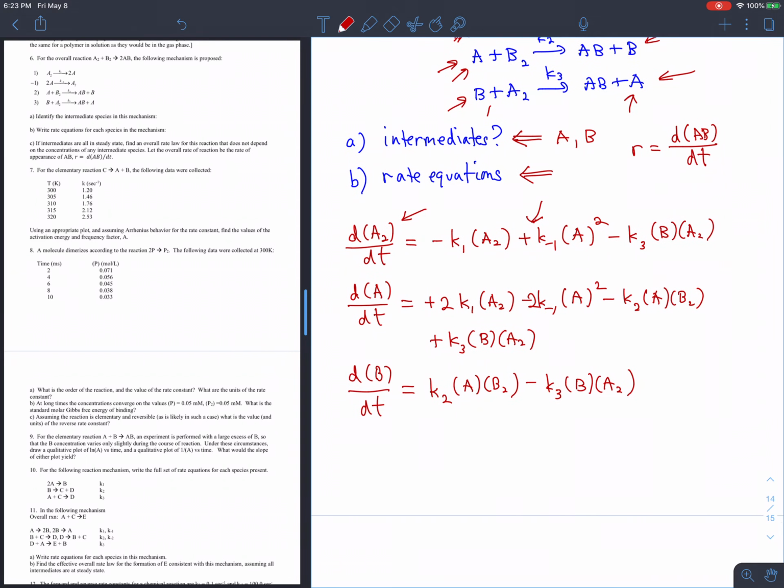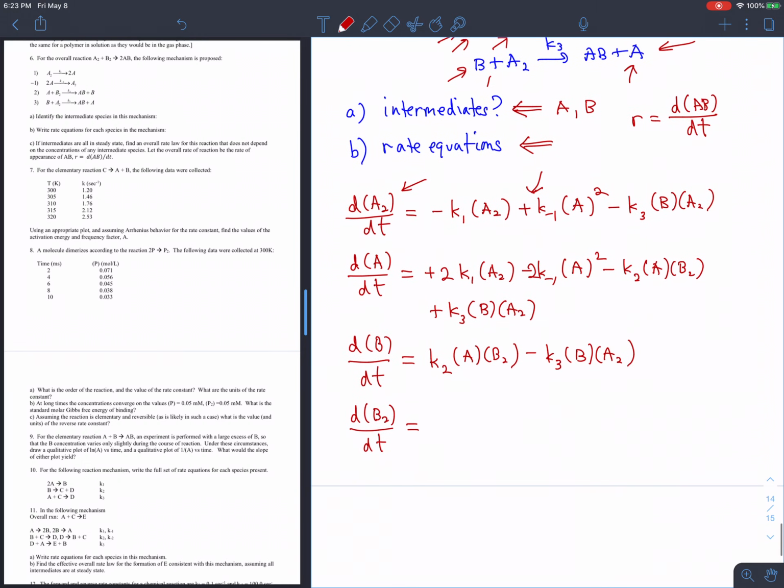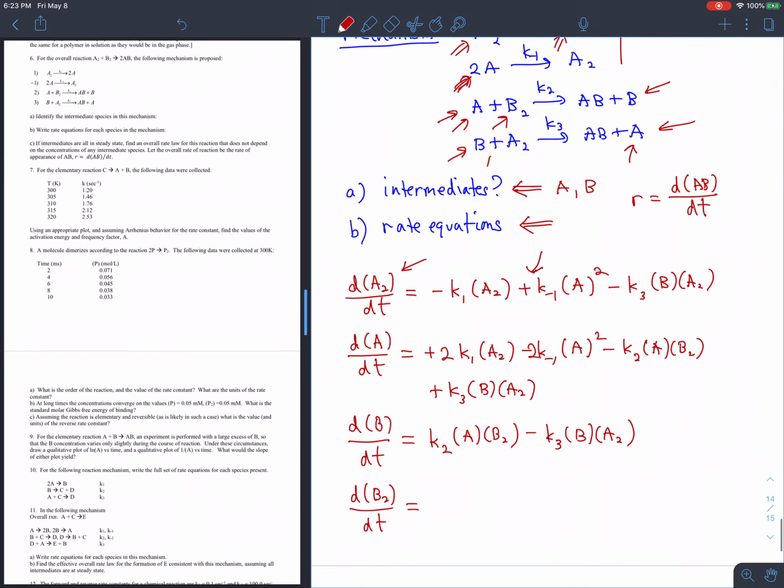And let's see, I think the next one will be dB2/dt. And B2 appears just one place, it looks like, yep. And so just one term, it's a reactant, so minus K2 times A times B2.